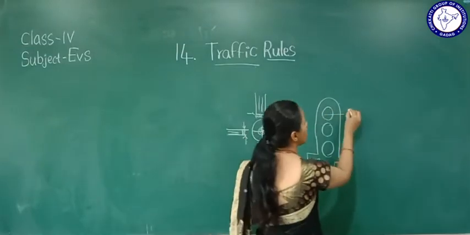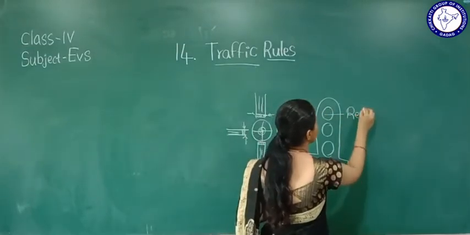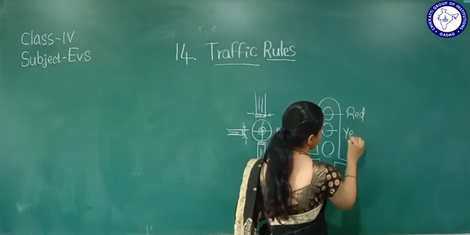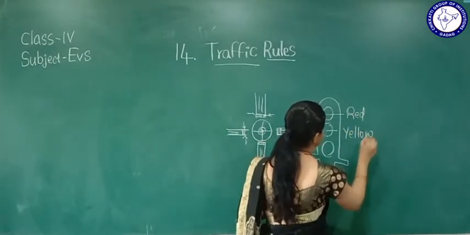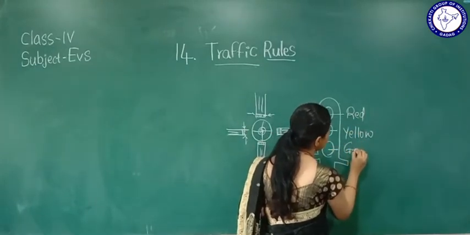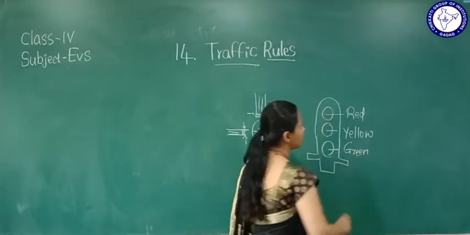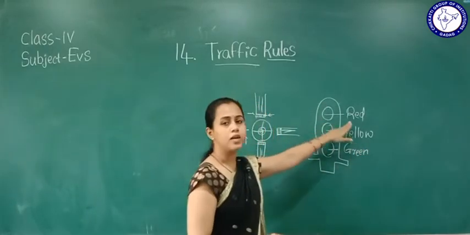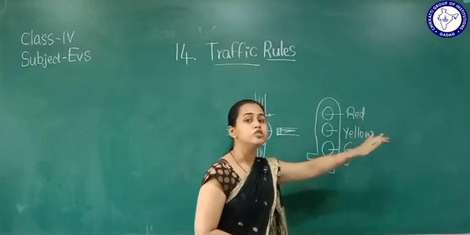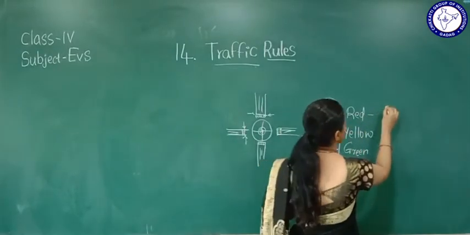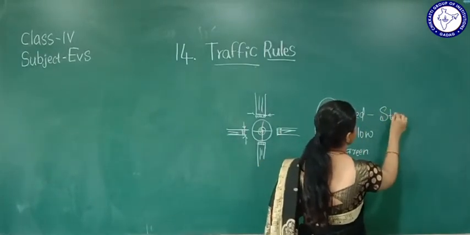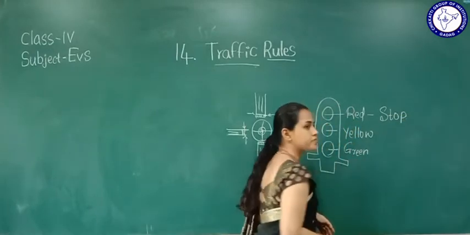Here the red light, here the yellow light, here the green light, right? So when the red comes, all the vehicles stop, right? What the red says, it says to stop, right?